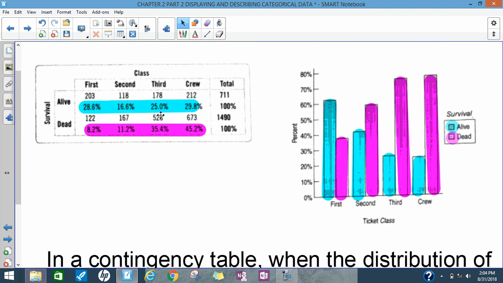Okay, so if we saw a pattern where these percentages were distributed the same as these percentages, so the people who lived were distributed similarly as the people who died across all of the different classes, then we would say that class and survival were independent. But it's very obvious that they're not distributed the same, and so we can say that they are dependent. So they are having some sort of connection.